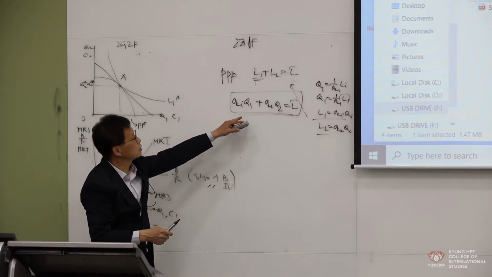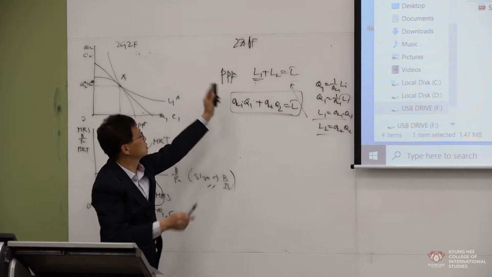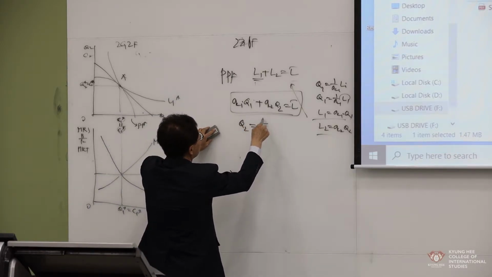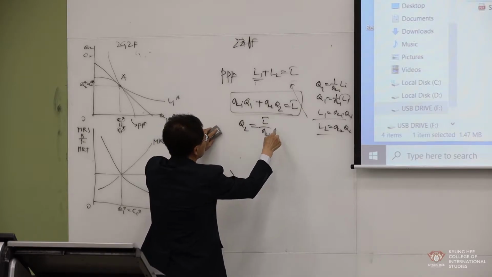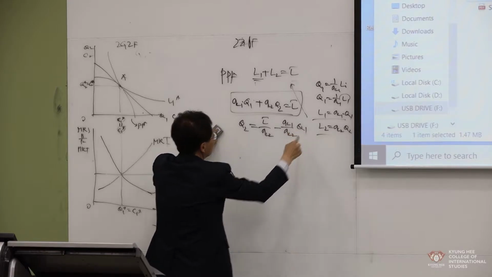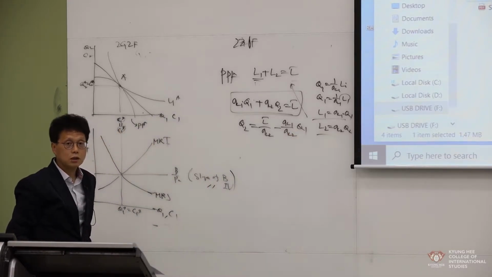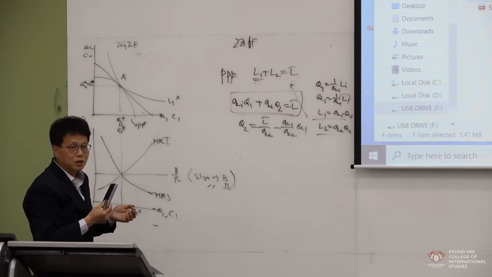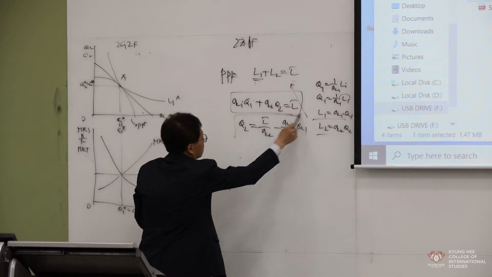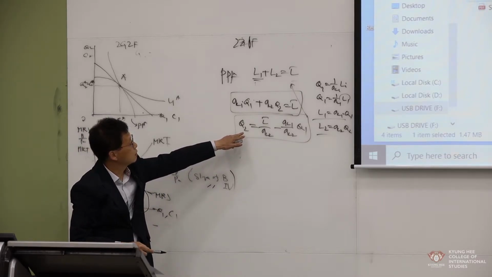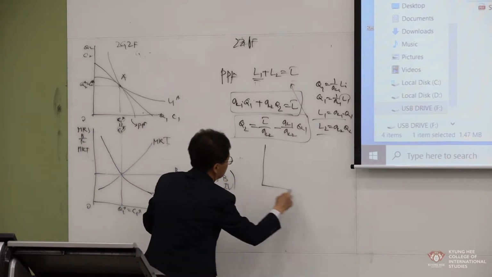Rewriting this, because the Y variable is Q2, the X variable is Q1, we know that Q2 is equal to L bar over AL2 minus AL1 over AL2 times Q1. Right? So in the two-good one-factor case, we can specify the production possibility frontier like this. You can draw this one like this, right?